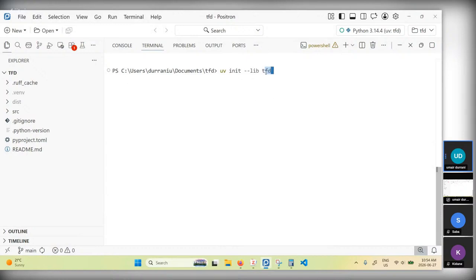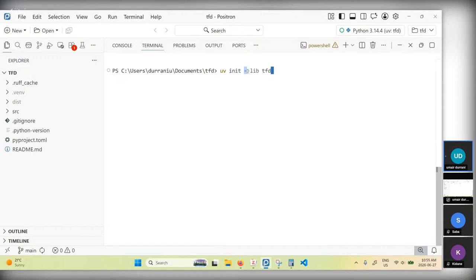So this is the name that I wanted, traffic flow dynamics, because we are developing the package for the book. UV is a Python package manager and project manager, which is pretty new and very fast. So we are using this. You need to install it by going to the UV website and installing it for your system. Init will initialize a new project.